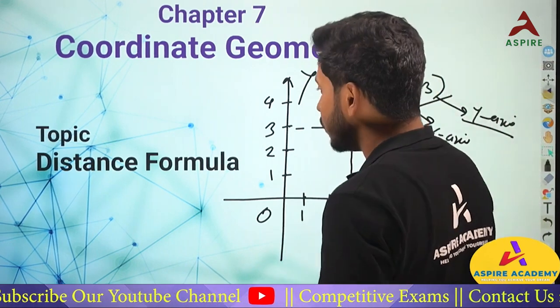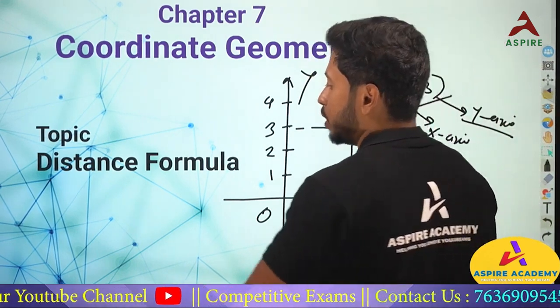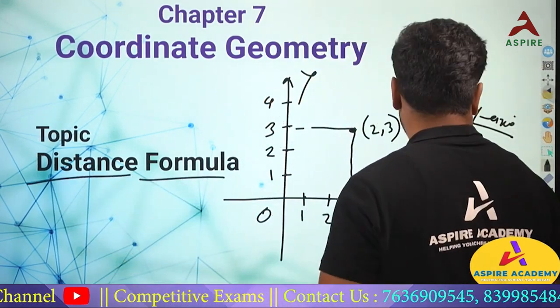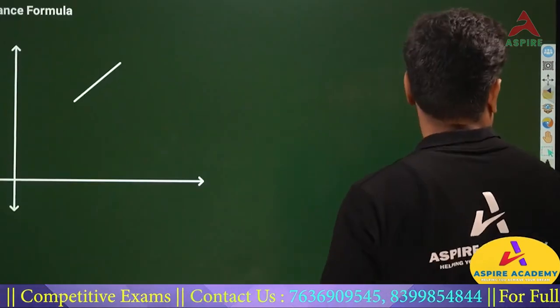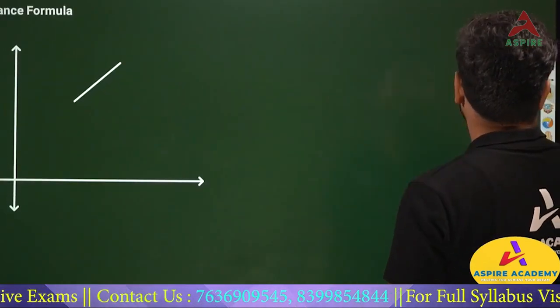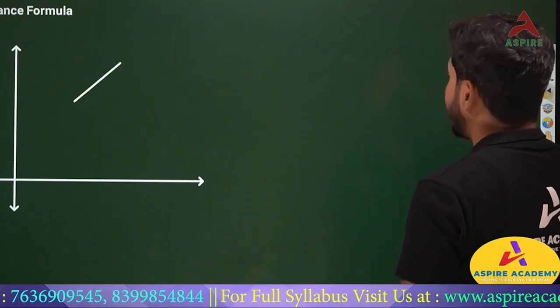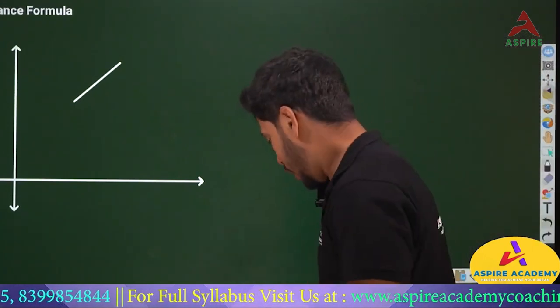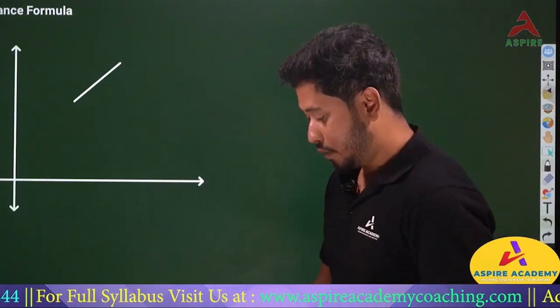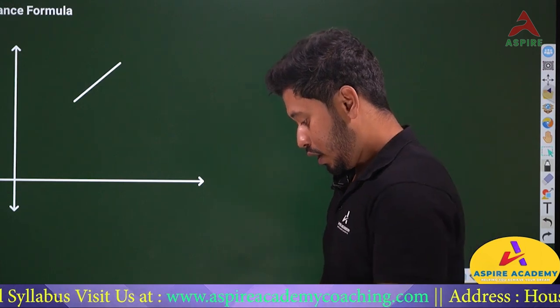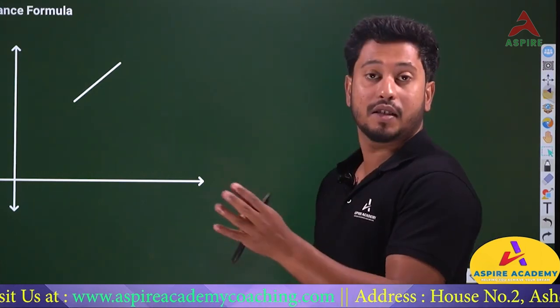So now we will start our topic, that is the distance formula, okay. First we have to derive the distance formula. There is a formula in coordinate geometry to measure the distance between 2 points.